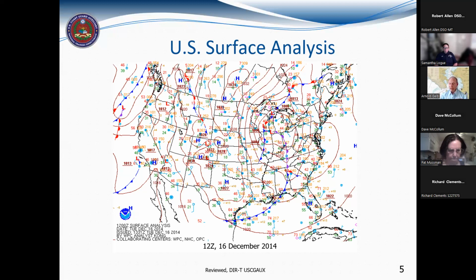And then we see that there's an extensive cold occlusion that comes down here over Ohio, Kentucky, and Tennessee. And later on, we're going to compare these surface features with the 500 millibar chart.